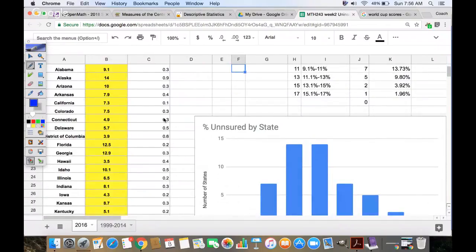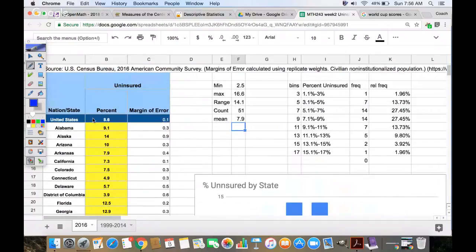And that's super important in this particular case because I have the whole United States, but the United States takes into consideration all of these numbers below, so it would be redundant and inaccurate to include that percent uninsured in the United States with all the other states. So if you use that in your frequency distribution over here, then that's inappropriate. That is a separate, different kind of number than these other ones, because these are states within the US.